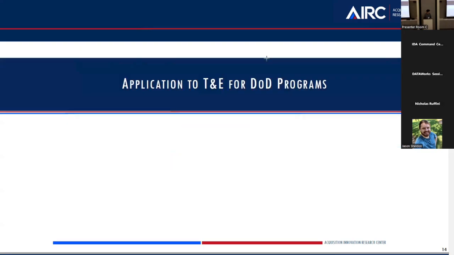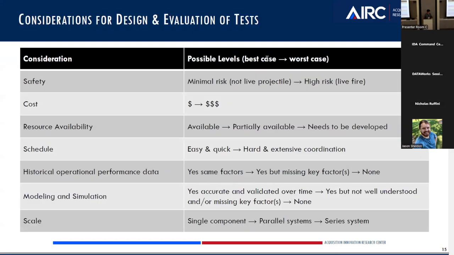Okay. So how am I going to use this for a DoD program? One of the things that makes DoD testing interesting is that different programs fall in different spaces in what I call this consideration space. Different DoD programs might have a different cost associated with a test. They might have different resources that are required, the availability of those resources, the scheduling, all of those things might change to make operational tests more or less feasible to collect.